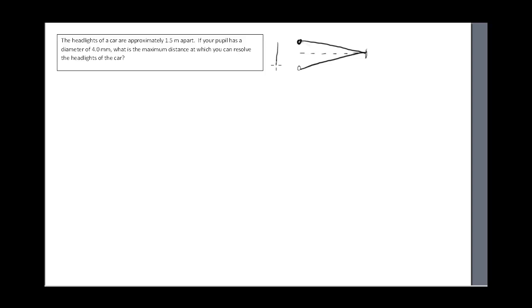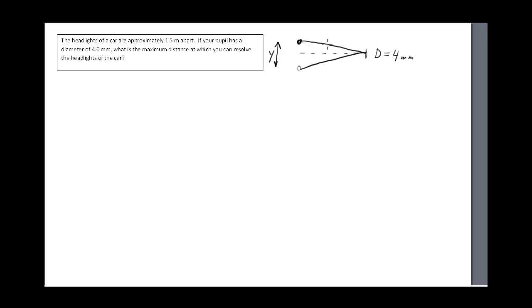We'll put in a symbol Y to represent the separation between the headlights, and of course we know that the pupil has a diameter D, which is given to us as 4 millimeters. The separation distance is 1.5 meters.